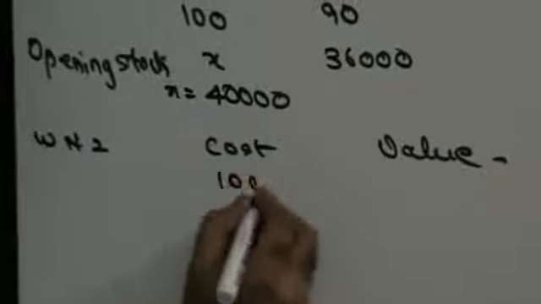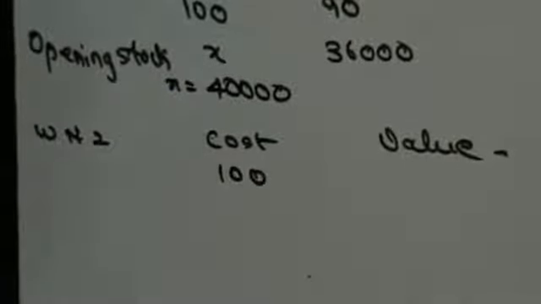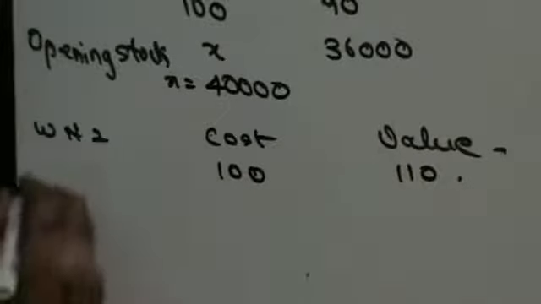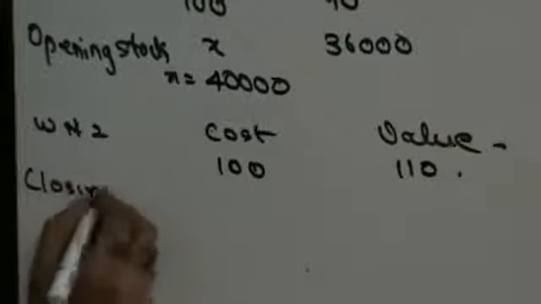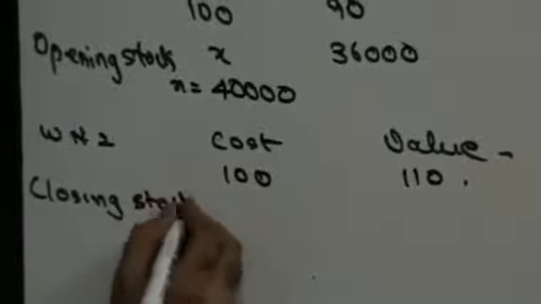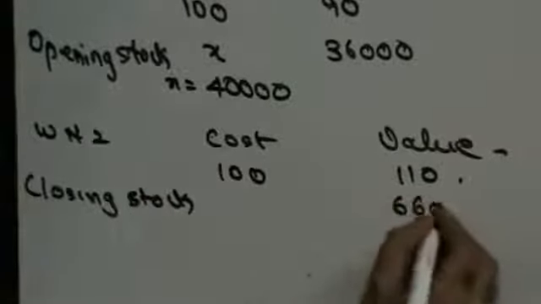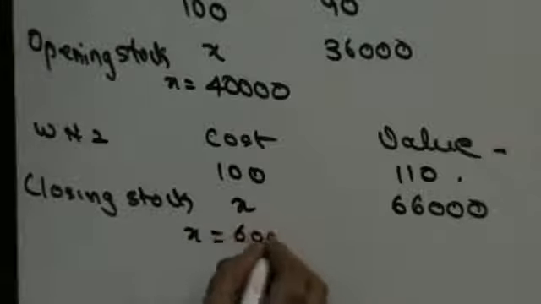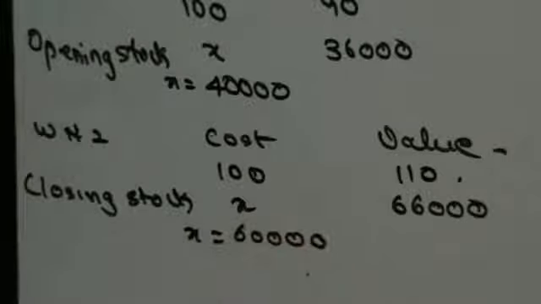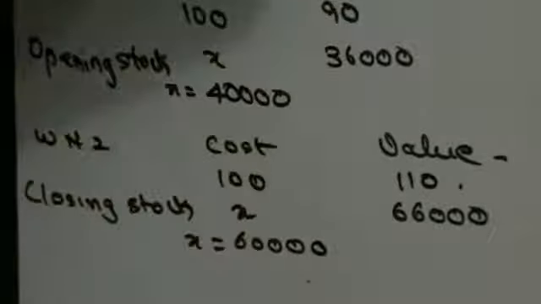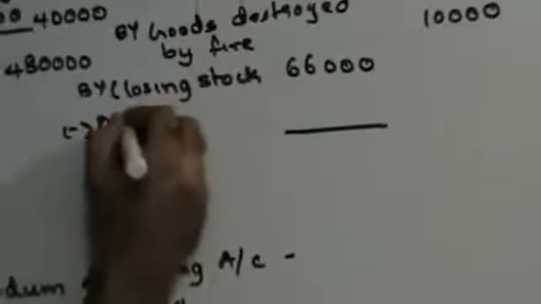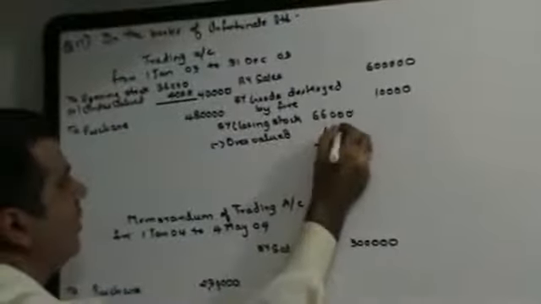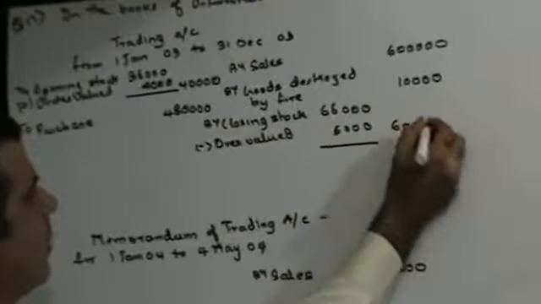If the cost is 100, they valued it at cost plus 10%. So instead of 100, they valued it at 110. So my closing stock, the value of which is 66,000, its cost will be X, X will work out to be 60,000, right? So this can be written as less overvalued 6,000, so this will be 60,000.